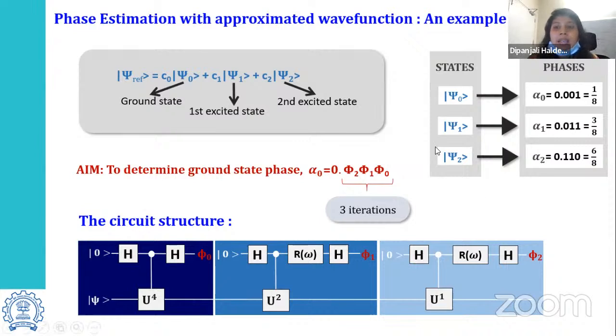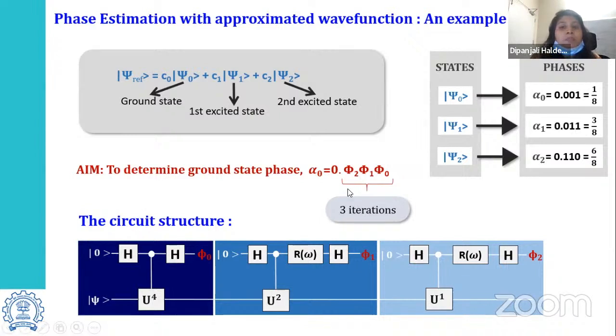The corresponding eigenphases are mentioned on the right-hand side as alpha0, alpha1, and alpha2. The aim is to determine the ground state eigenphase to a given degree of precision, which is pre-decided. In our case, we have restricted ourselves to three iterations.